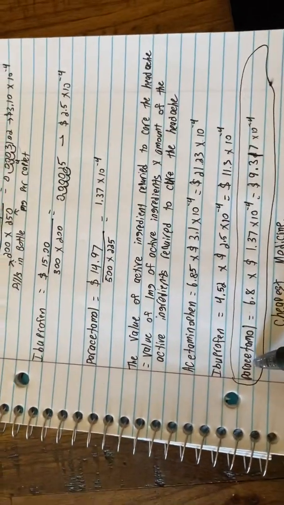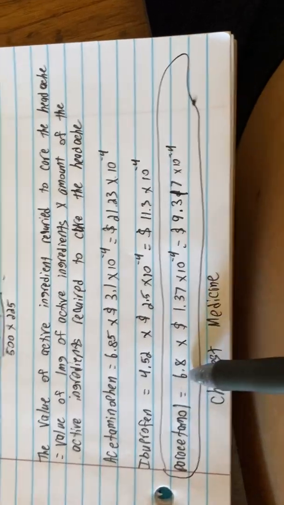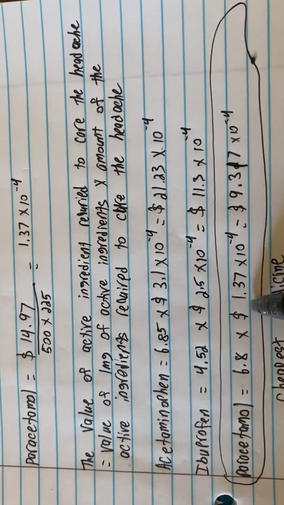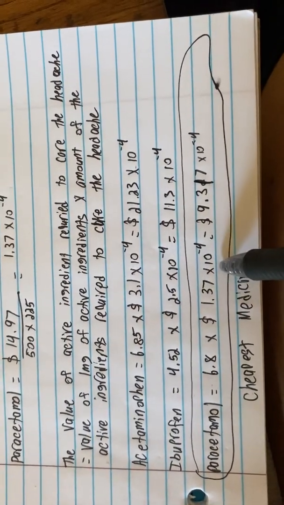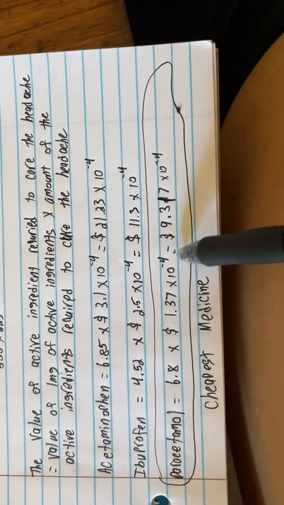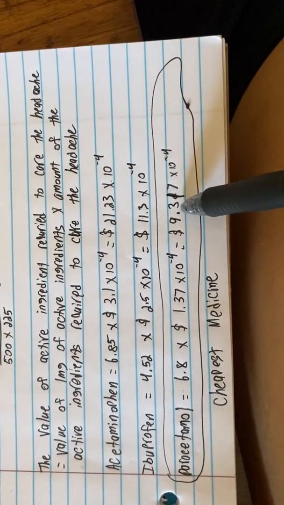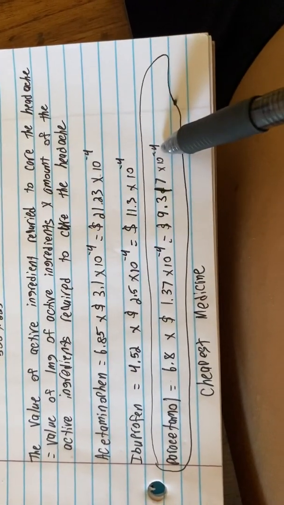And then the last one, which is the Tylenol, you have 6.8 times 1.37 times 10 to the -4, which comes out to 9.317 times 10 to the -4.